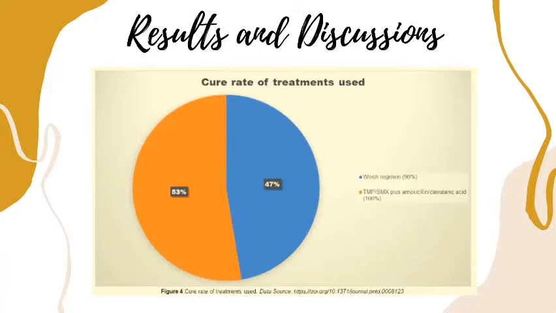Figure 4 shows the percentage of the effectiveness of the treatment used. The Welsh regimen was used for 35.5% of cases and had a 90% cure rate, while TMP/SMX plus amoxicillin/clavulanic acid had 100%.